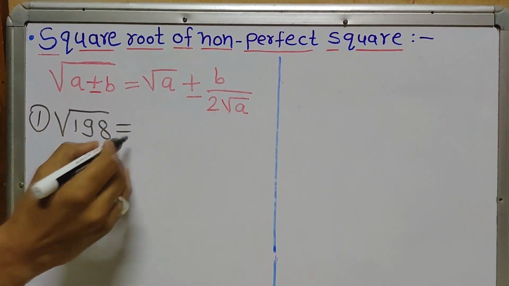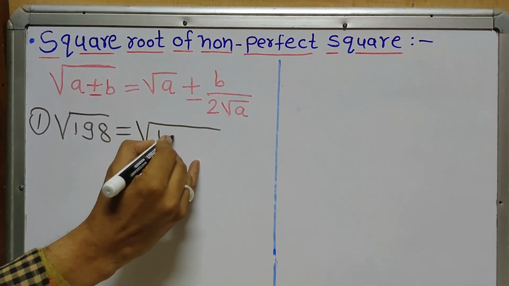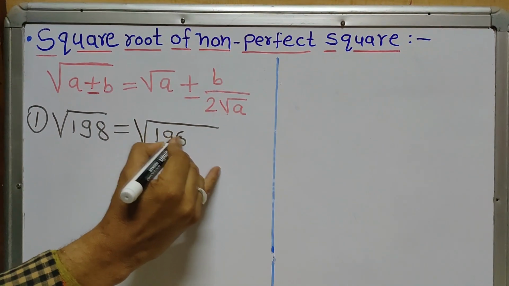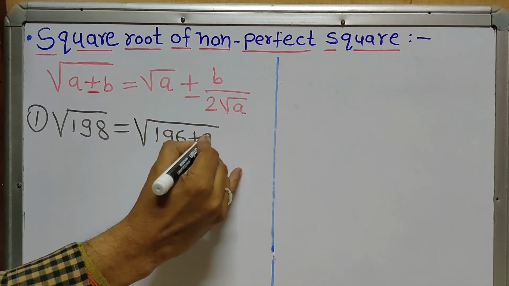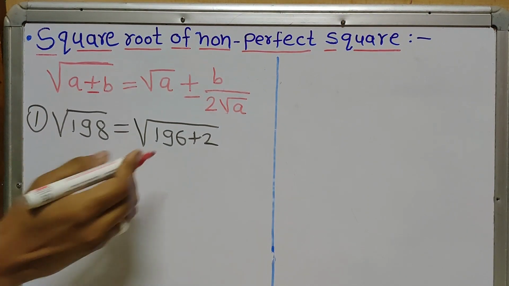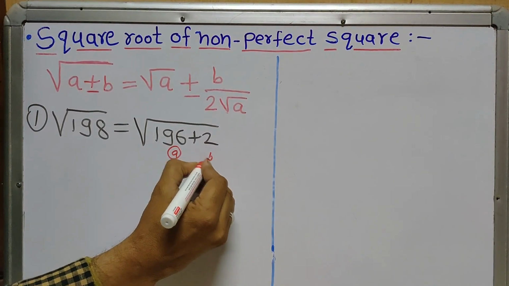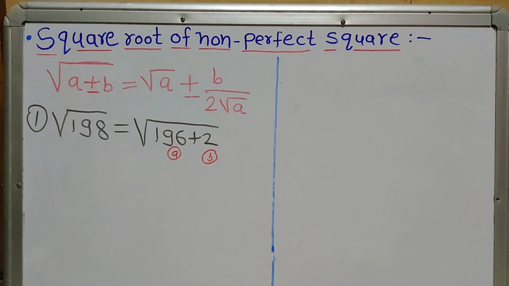So split 198 in this way: 196 plus 2. Here 196 is considered as a, whereas 2 is considered as b.